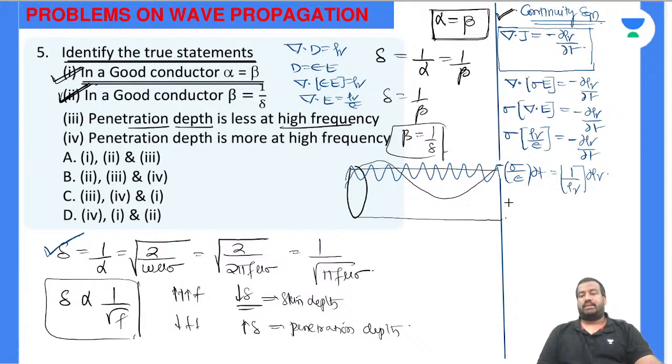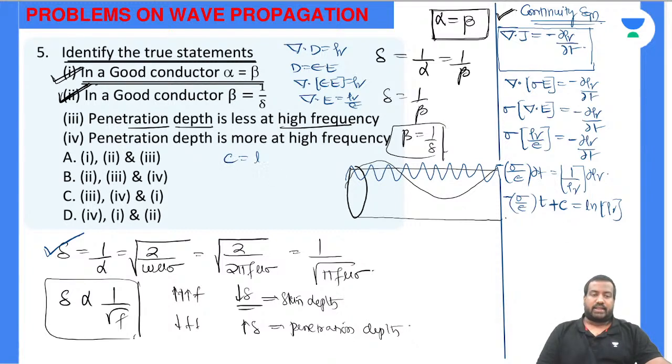Integrating on both sides, minus sigma by epsilon, integral of 1 dt is t, plus integration constant, let it be c, integral of 1 by rho v dou rho v is ln of rho v.